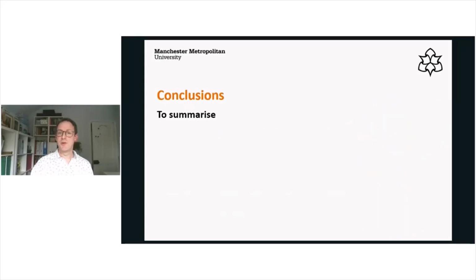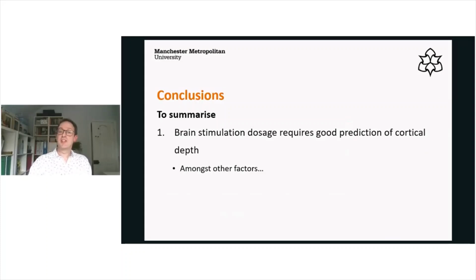To wrap all this up, firstly, brain stimulation dosage needs very good prediction of cortical depth. Given that the required dosage changes by this magic value of about 3% per millimeter, we do need to know how deep a particular brain area is. There are other factors, of course, but depth is a clear source of variance.